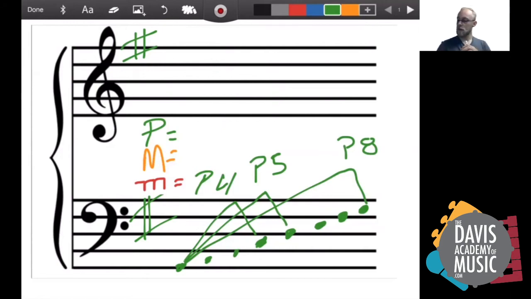Now, in the major scale, we can also find our major second by going from G to A. It's going to be our major second, so capital M, and then a 2.